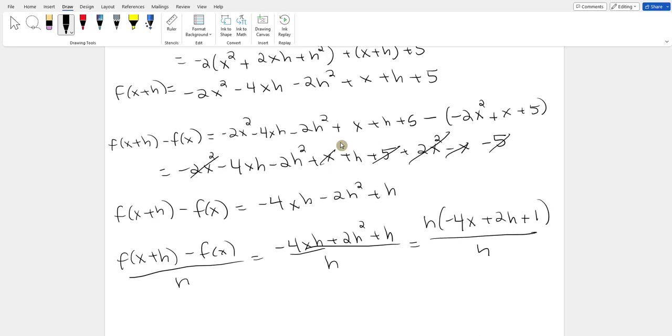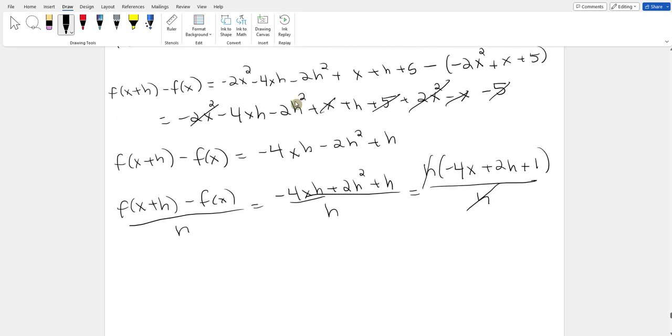When I take out an h from the second term, I'm left with 2h. And when I factor out an h from this last term, which is the h, I'm left with 1. So now these h's cancel out, and I have arrived at my final answer. So the final answer would be negative 4x plus 2h plus 1.